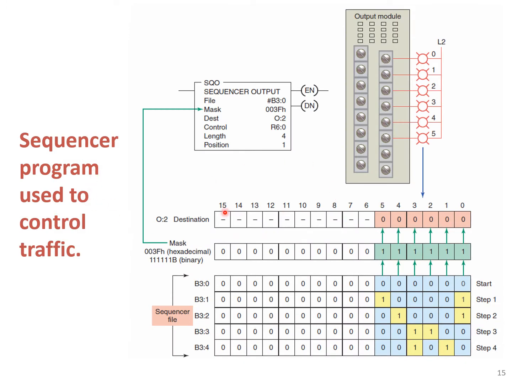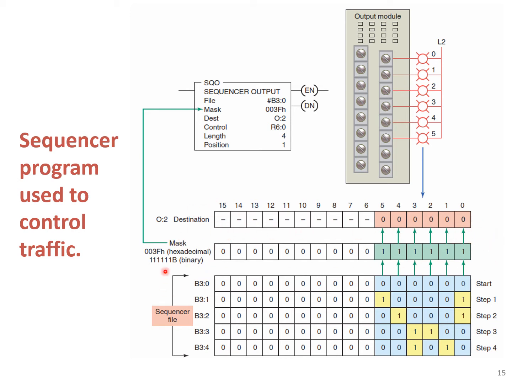Sequencer program used to control traffic light. So we already created the sequencer file, and now we have a mask and a destination. So what is the mask here?